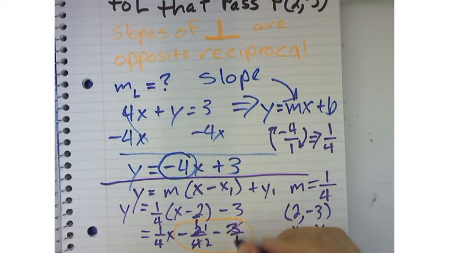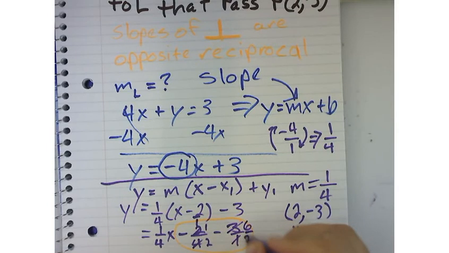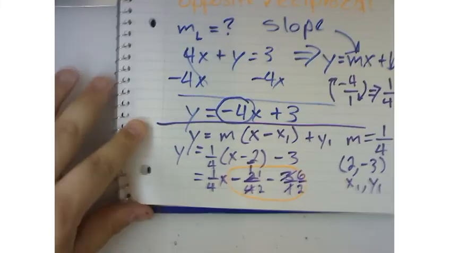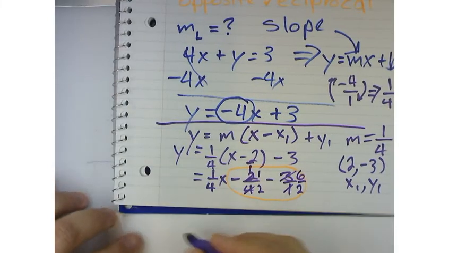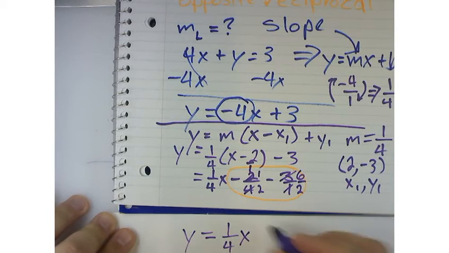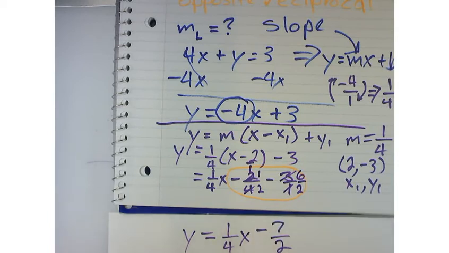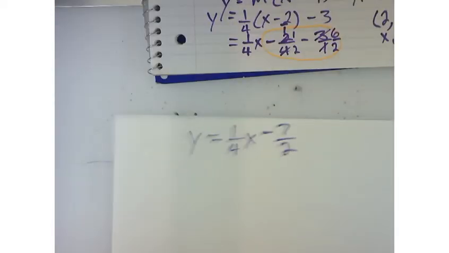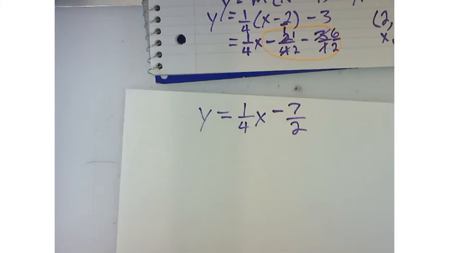So I'm going to say 6 over 2. And then, ran out of room on my notebook. So then the next line would be y is equal to 1/4 x minus 7 over 2. Is that right? There's our answer. Boom. Any questions?